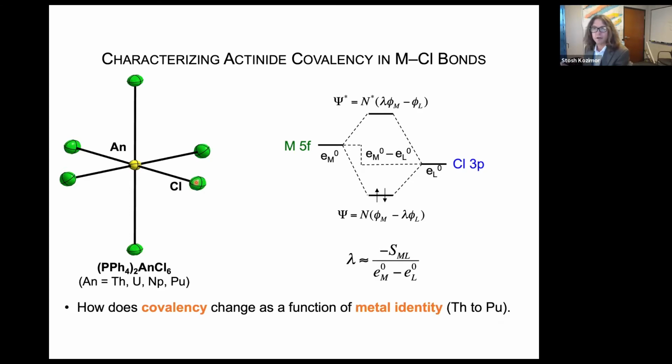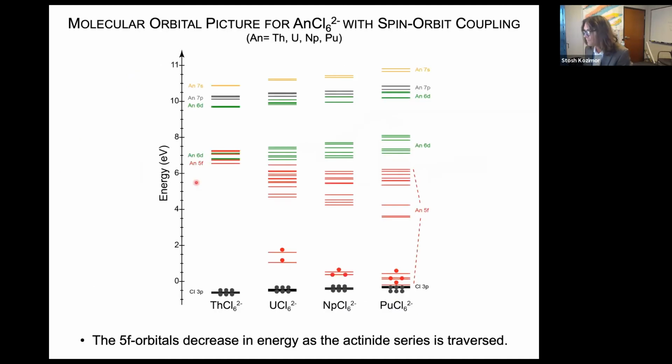Before I show you the spectra, I just want to provide you with a molecular orbital picture that helps you think about what we should observe experimentally. So these are some calculations for the valence orbitals of thorium hexachloride versus uranium hexachloride versus neptunium hexachloride versus plutonium hexachloride. And what you see, these circles right here represent the unpaired electrons.